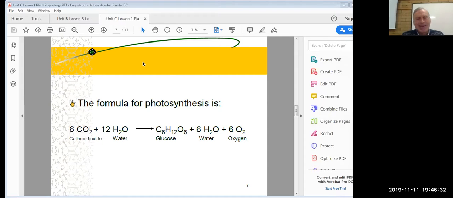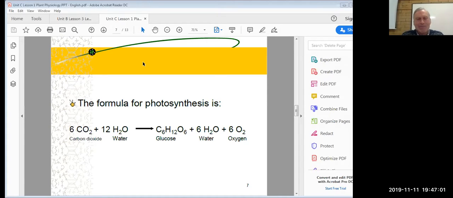So this is where most of our energy comes from. Most of the energy that we use, even things like coal and oil, originated with photosynthesis. They originated with this formula: carbon dioxide and water, and the energy from the sun forming sugar and water and oxygen.